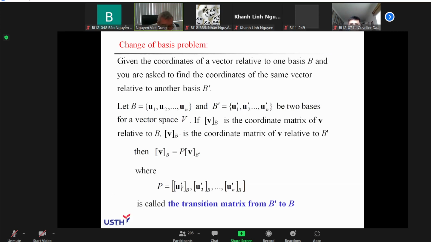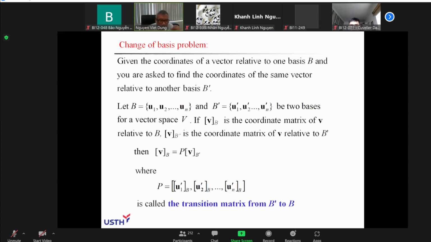You take u1 prime, and we write the coordinate column of u1 prime relative to the basis B. The second column will be the coordinate column of u2 prime relative to the basis B. And we continue this way up to the coordinate column of un prime relative to the basis B.